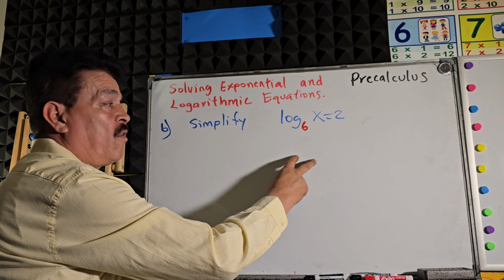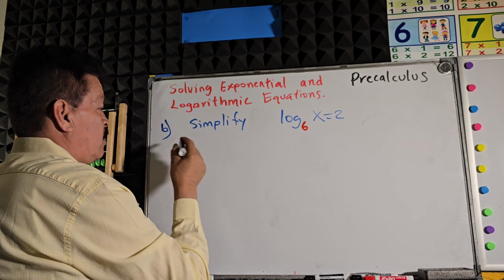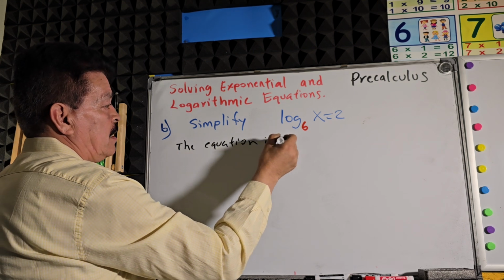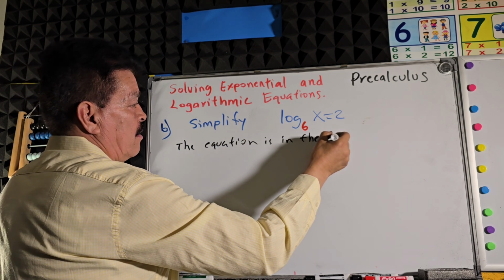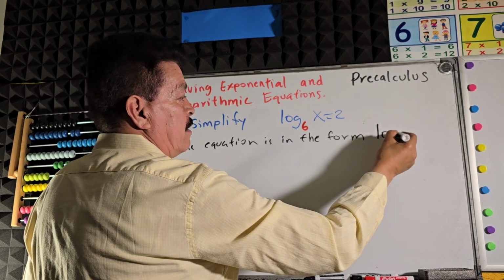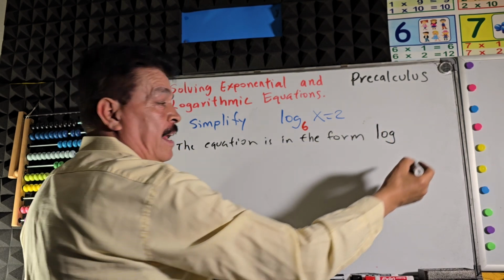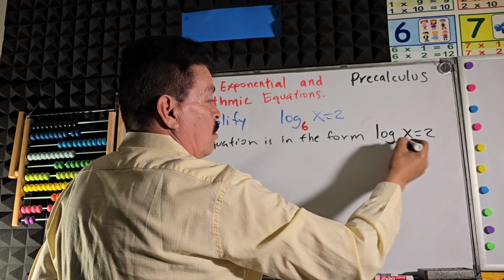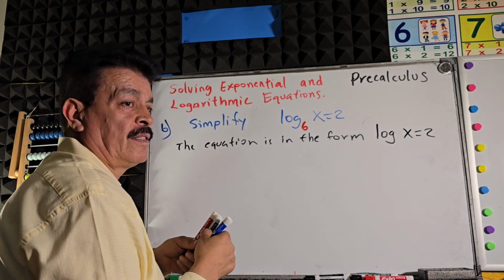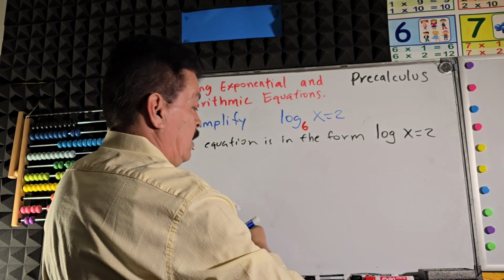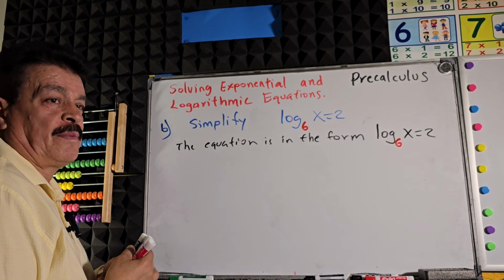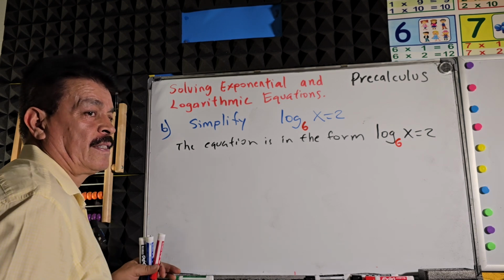The equation is in the form log base 6 of x equals 2.